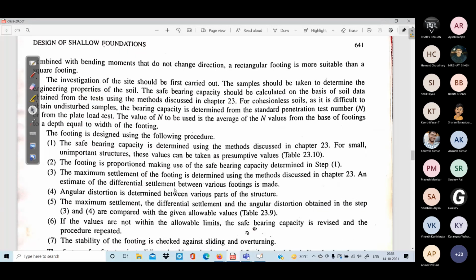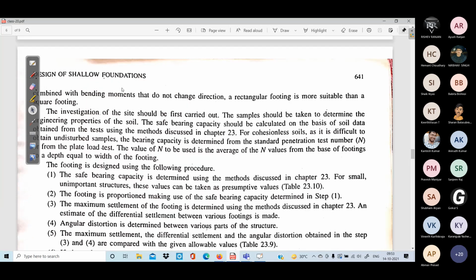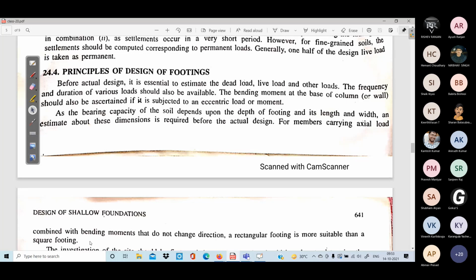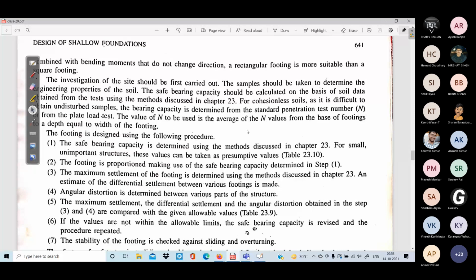The investigation first, what we'll do is, before actual design, it is essential to estimate the dead load, live load, and other things. The bearing capacity of soil depends upon the depth of the foundation, length, and width. So here we'll do all our investigation, the plate load test and so on. Then the footing is designed using the following procedure.